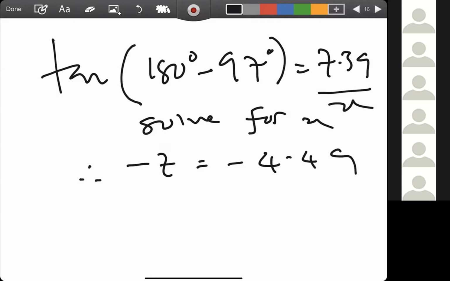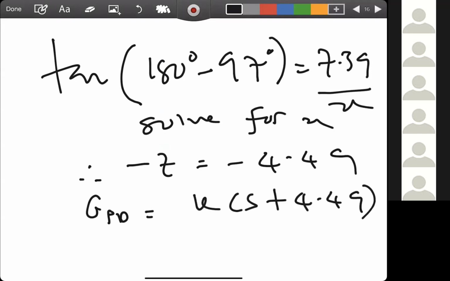So G PD is equal to K times s plus 4.49. So how do you get the K? How do you get the K?